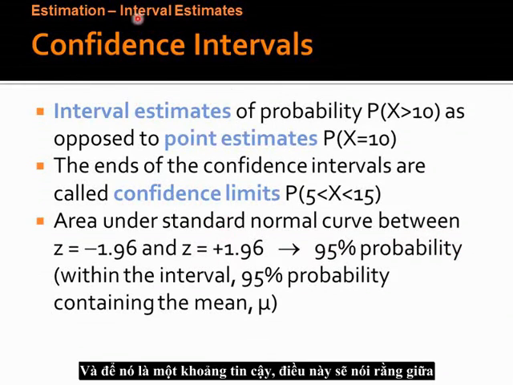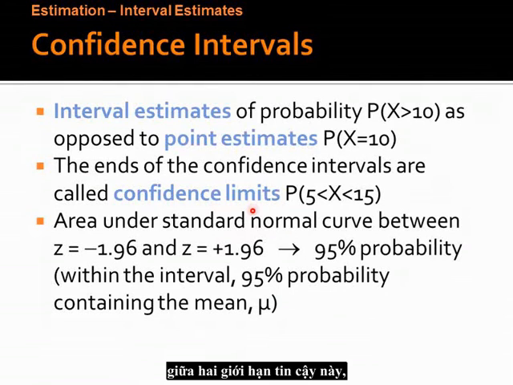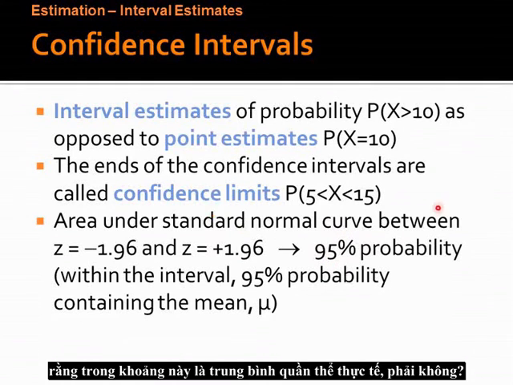And for it to be a confidence interval would be saying that between these two confidence limits, this particular interval, there is a particular probability, usually 95%, that within this interval lies the actual true population mean, or mu, right?